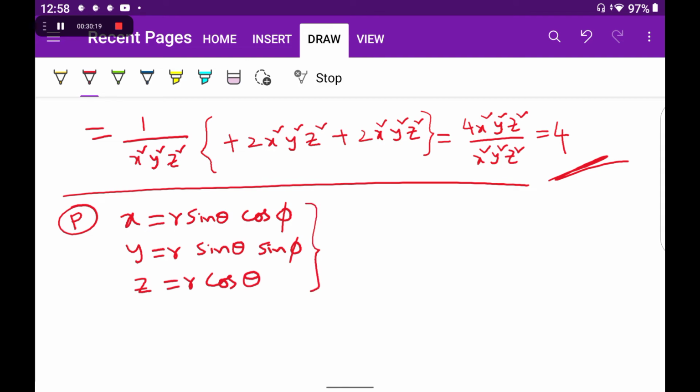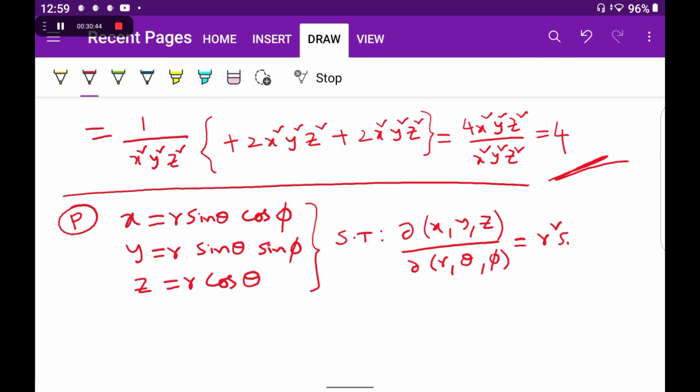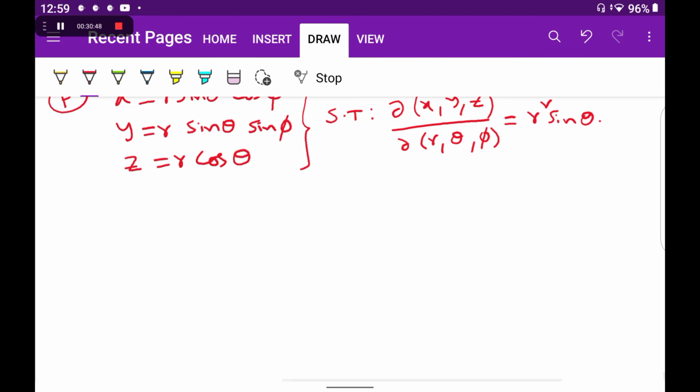Here three variables x, y, z are functions of r, theta, phi. So you are asked to show that dou (x, y, z) by dou (r, theta, phi) is equal to r square sin theta. This is a very important problem.